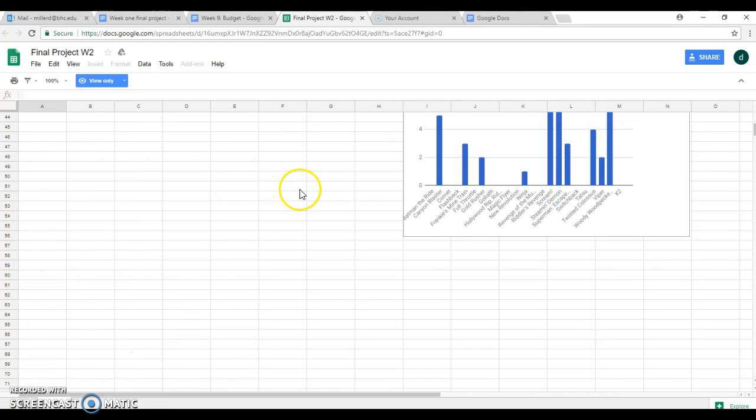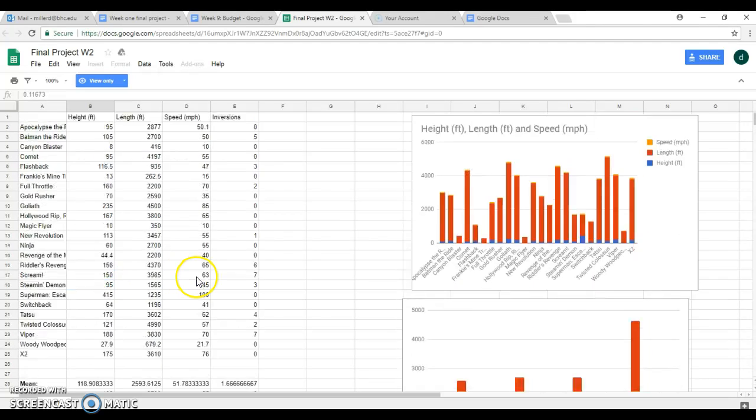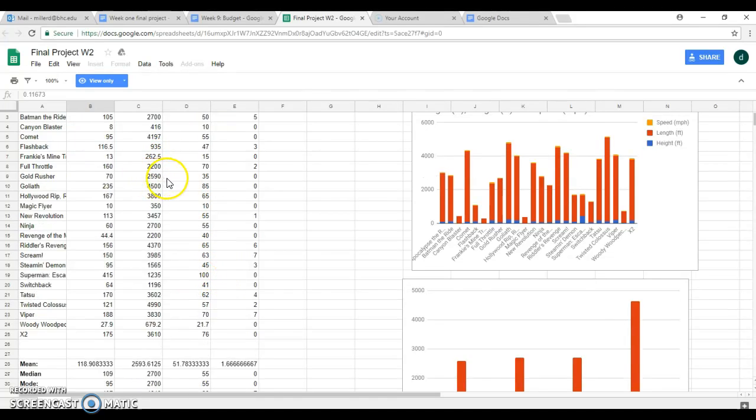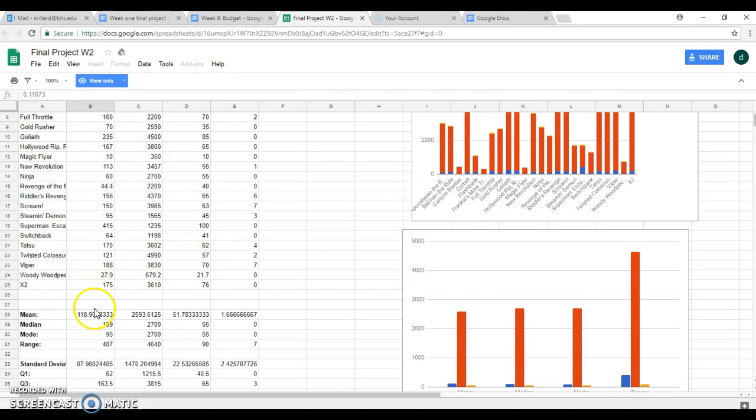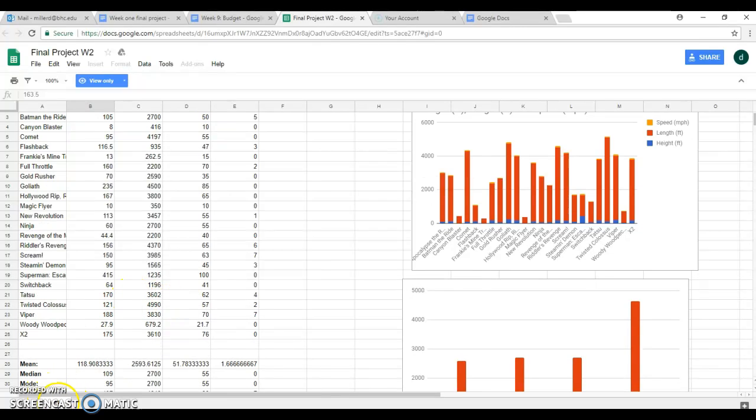Now the stats part. Here is where you have some work to do still. I don't know where these numbers came from, but let's get to the bigger part first. You have all the stats here. This stuff is all appropriate that I can tell, but we need more tabs down here where you do like a breakout per park.